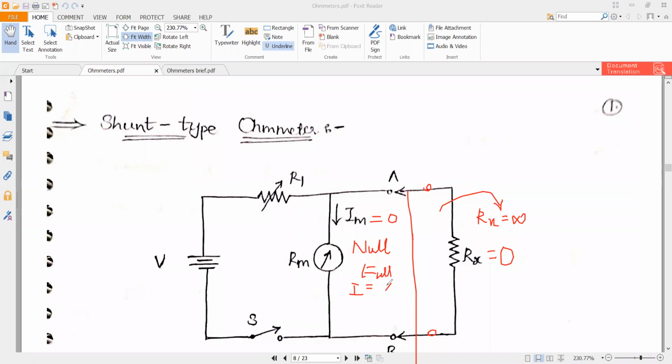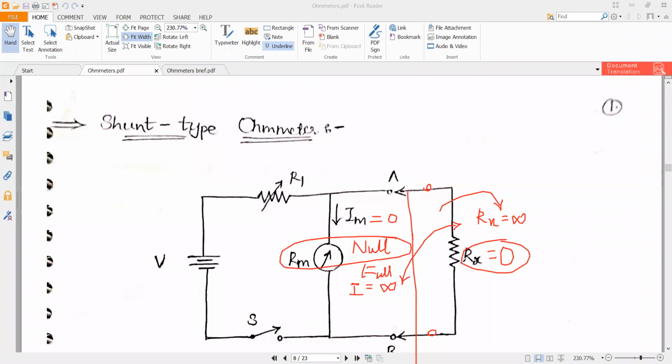That means these two are proportional. Whatever the resistance is, if it is maximum, then the meter reading is also maximum. If the resistance value is 0, then the meter reading is also null.